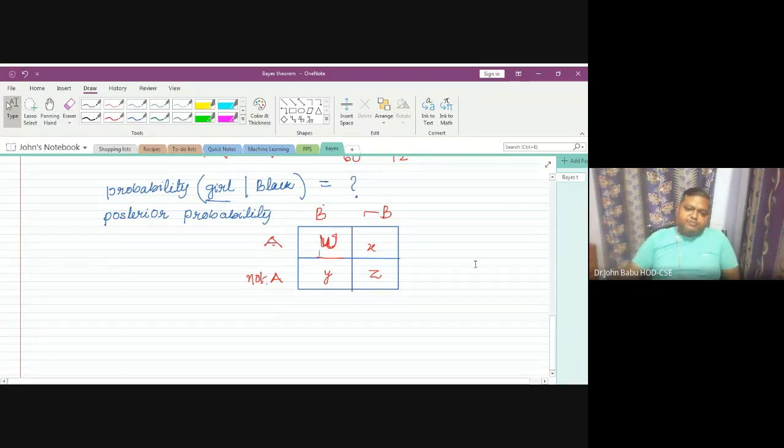So what is the probability of A? What is the prior probability of A? What is the total here? A and B total?